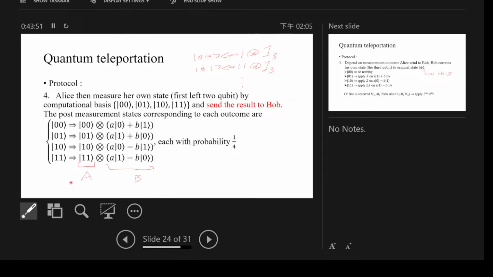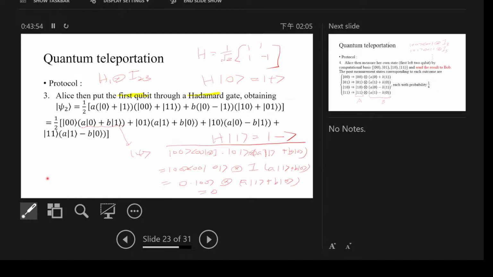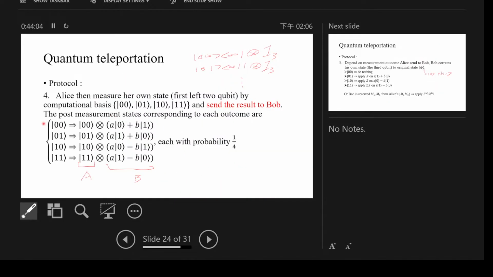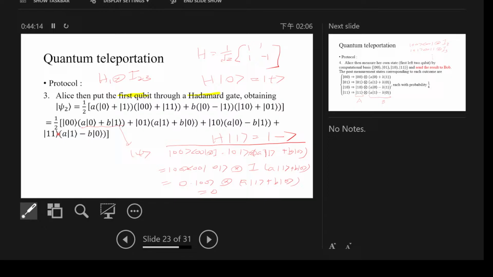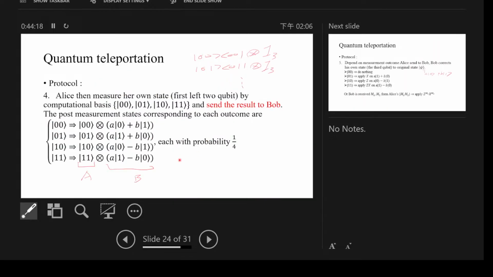So Alice will measure her part. Alice will try to see whether her part is 0, 0, 0, 1, 1, 0, or 1, 1. So she does an orthogonal basis measurement to determine which one of those 4 is on Alice's part. They are all normalized with this normalization 1 over 2, so each one will happen with probability 1 over 4, totally equal.